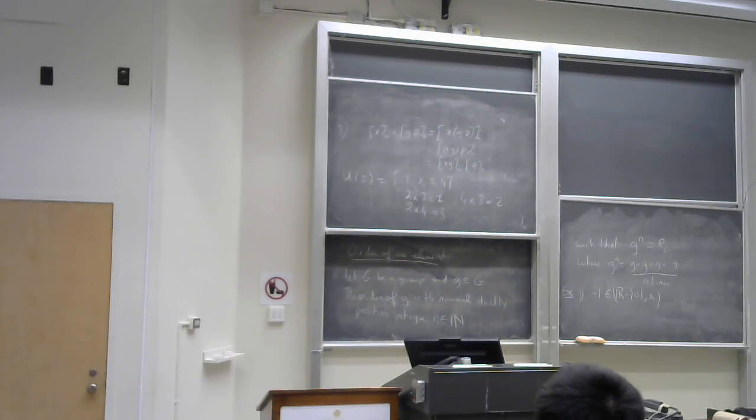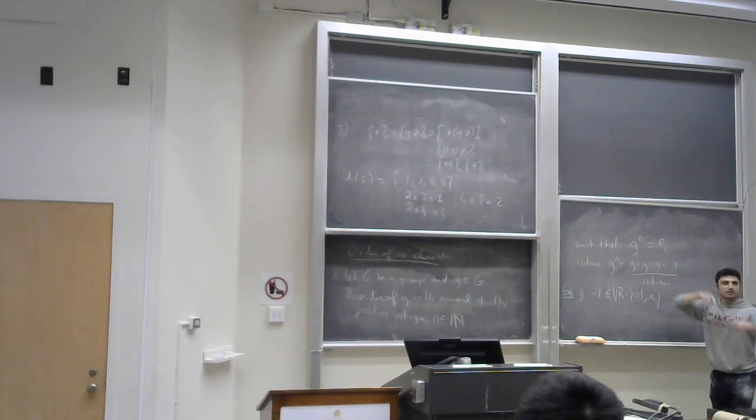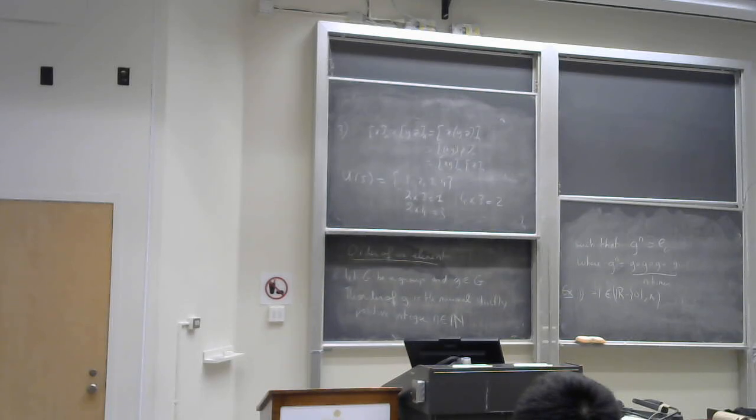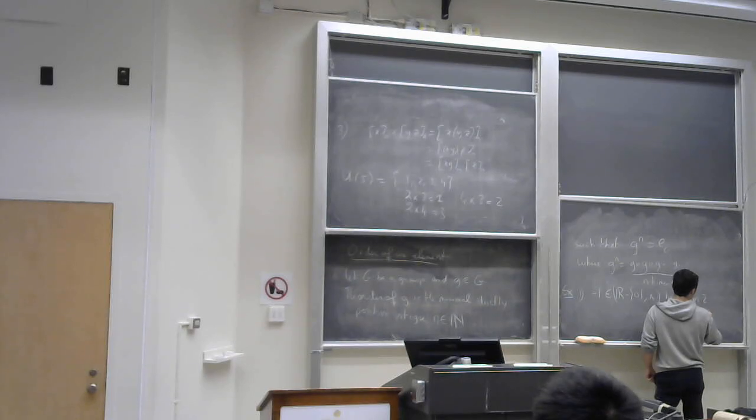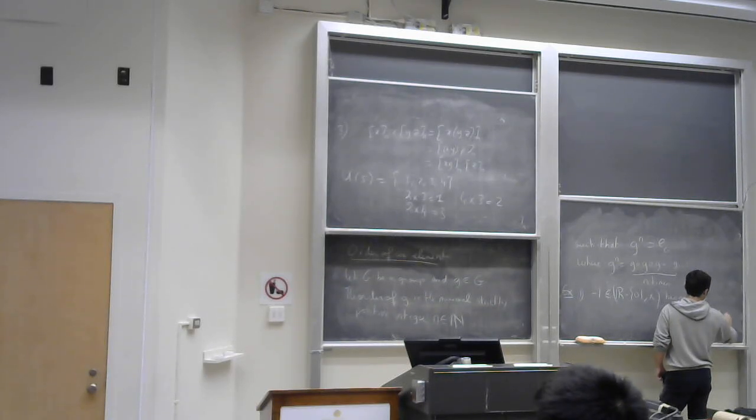Is -1 equal to 1? No. Is n equal to 1? No. Is -1 squared equal to 1? Yes. So -1 has order 2. -1 is different than 1, but -1 squared is equal to 1.